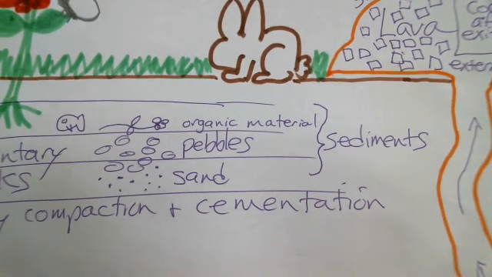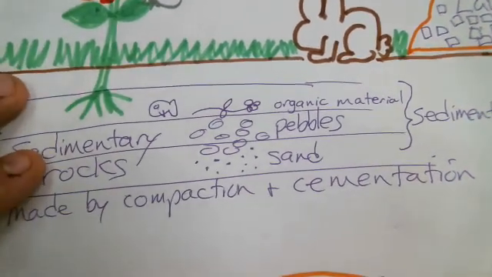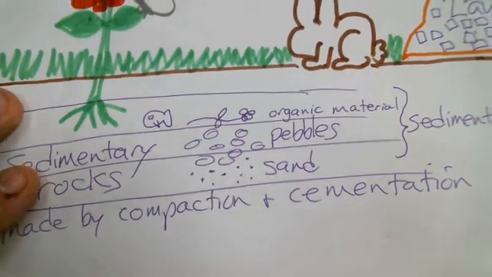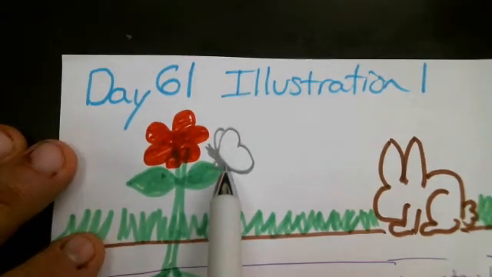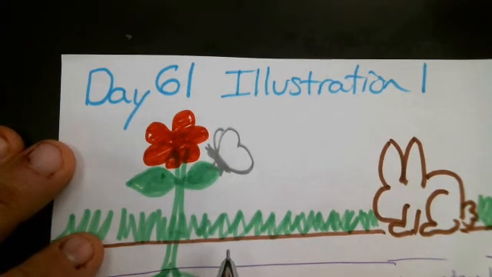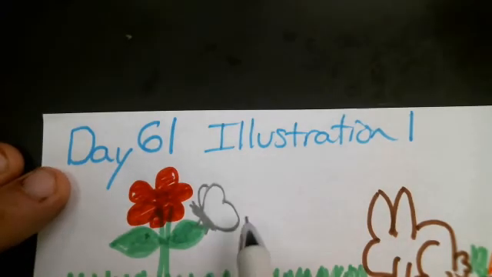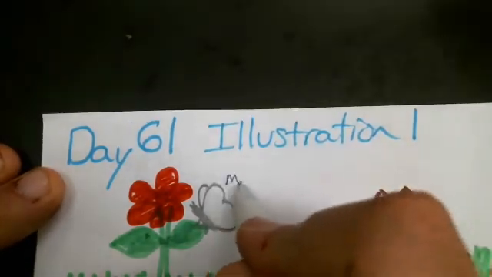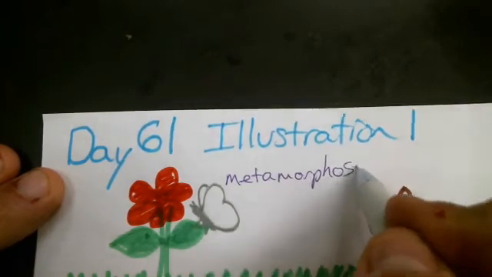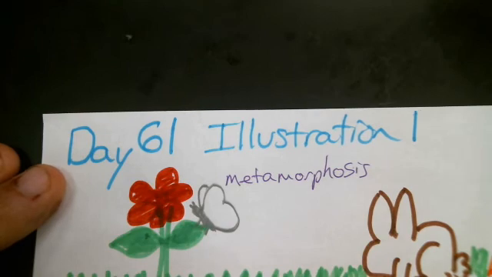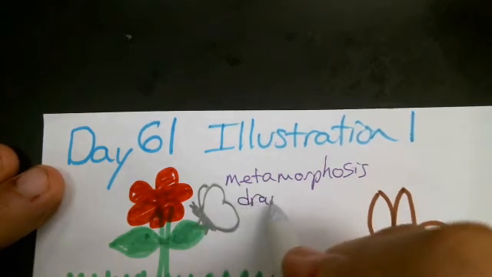The third kind, then, is a metamorphic rock. By this butterfly here, what I want you to do is to remember some terms from your biology class, and that is that butterflies undergo metamorphosis. Metamorphosis. That is a dramatic change.